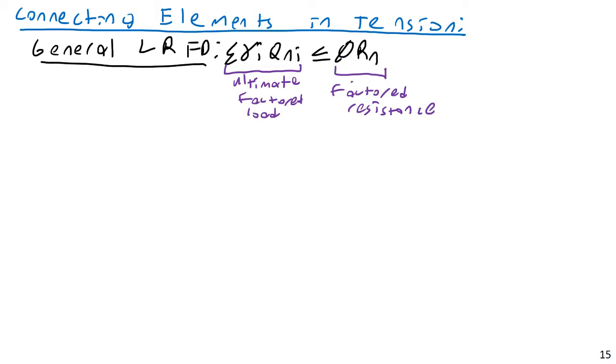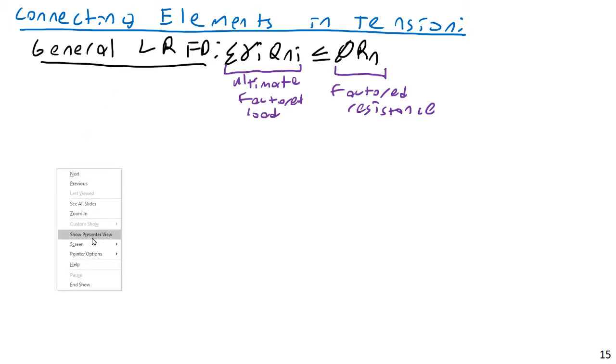As we saw in the first part of the lesson, this resistance factor will vary based on what type of member and also what type of failure mode you're investigating. For example, yielding will have a higher resistance factor than fracture, because fracture tends to be a more dangerous form of failure than yielding.